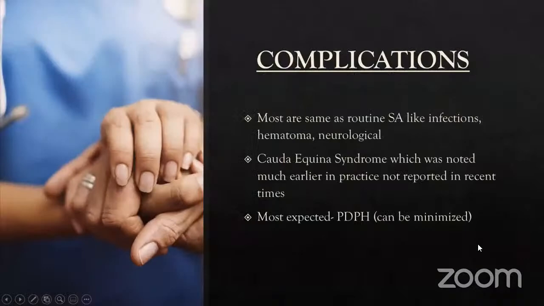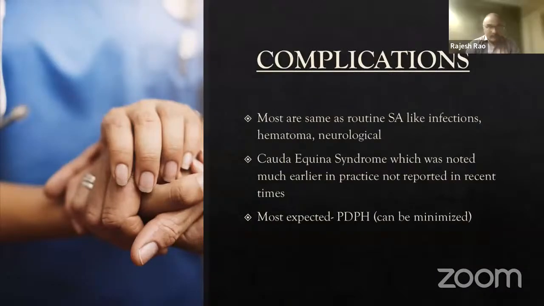Now coming to the complications. Most are the same as spinal anesthesia, like infection, hematoma, and neurological complications. Cauda equina syndrome, which was noted much earlier in practice, is not reported in recent times. And the most expected is PDPH, which can be minimized.